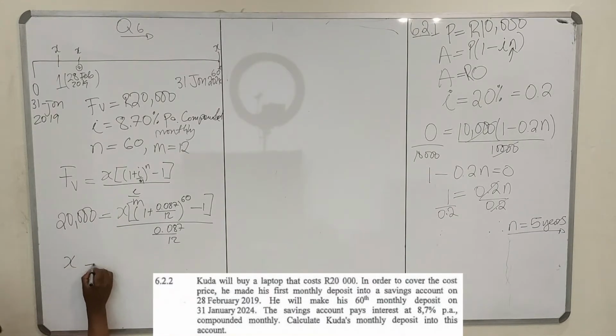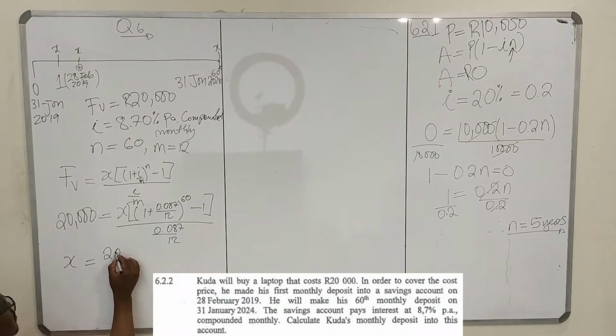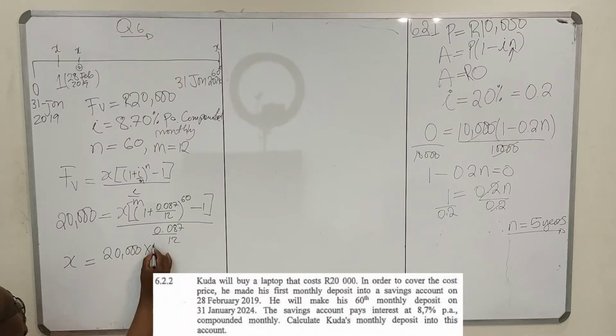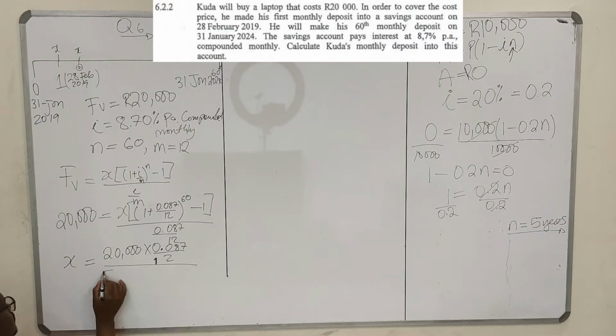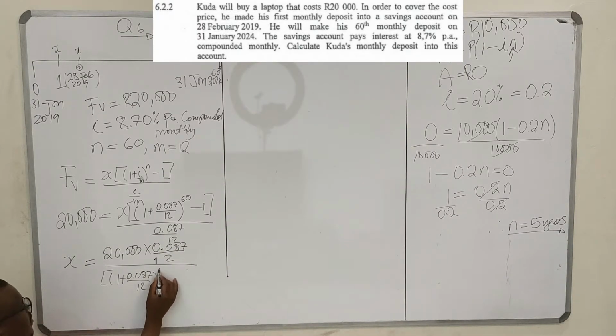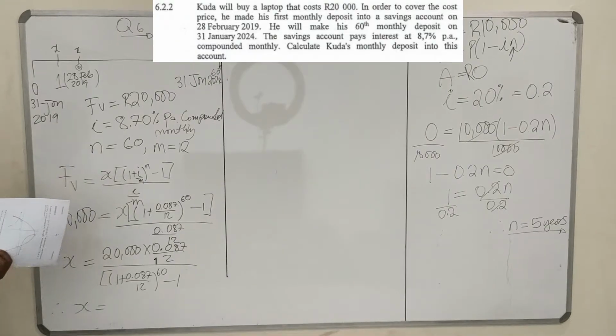So your x is equal to, cross multiply, 20,000 times 0.087 over 12. Then you divide by 1 plus 0.087 over 12 to the 60 minus 1. Therefore, your x will be whatever the amount that comes out of this.